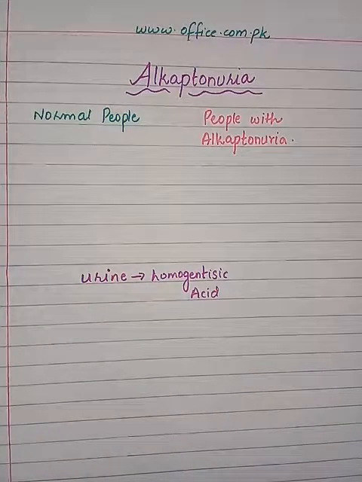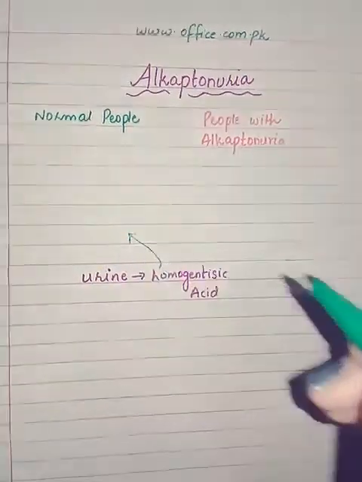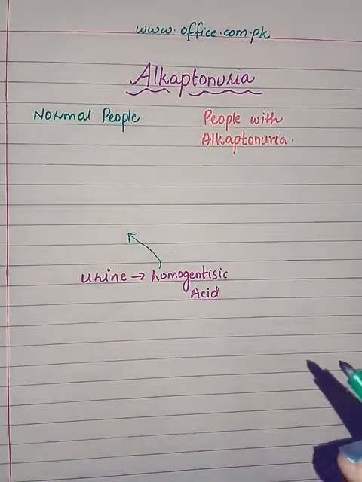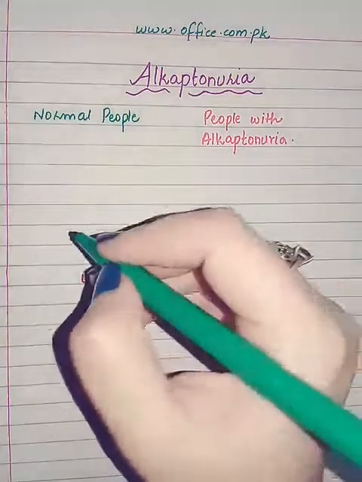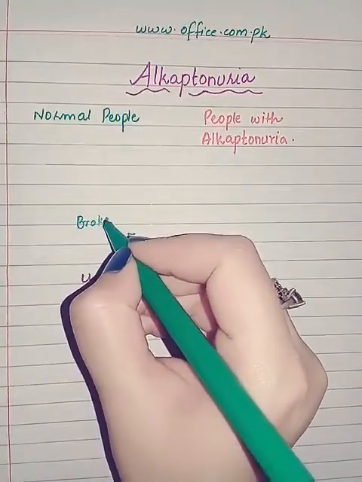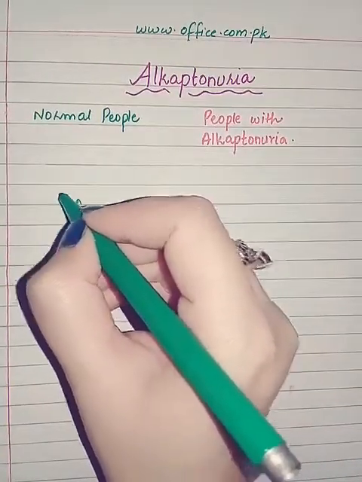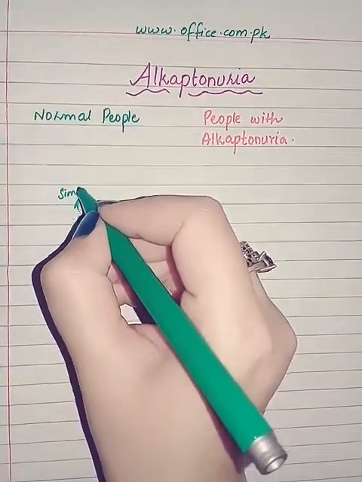Now what happens in the normal people? In the normal people, this homogentisic acid is converted, or you can say broken down, into simpler substances.